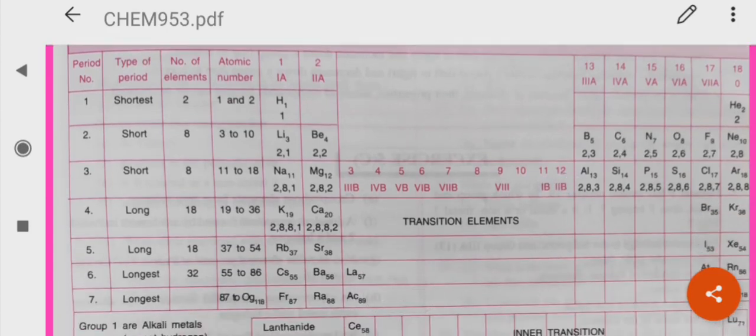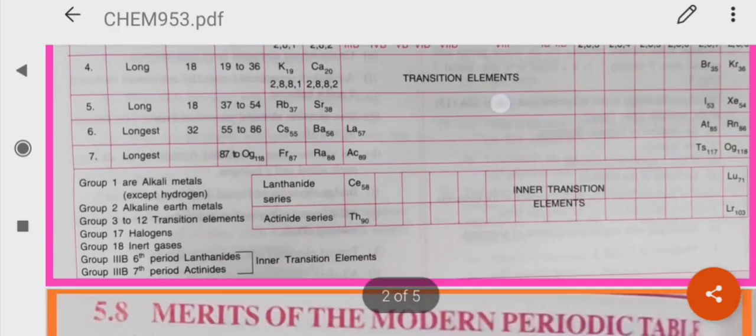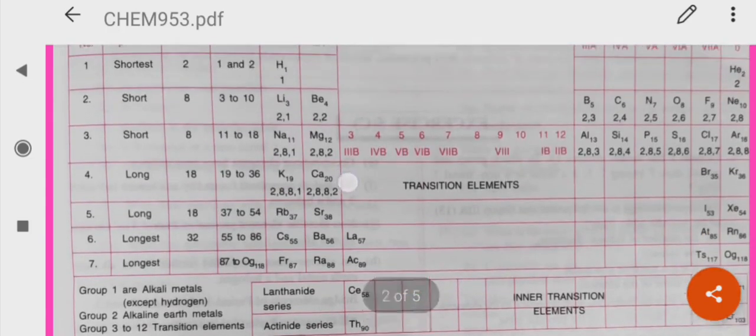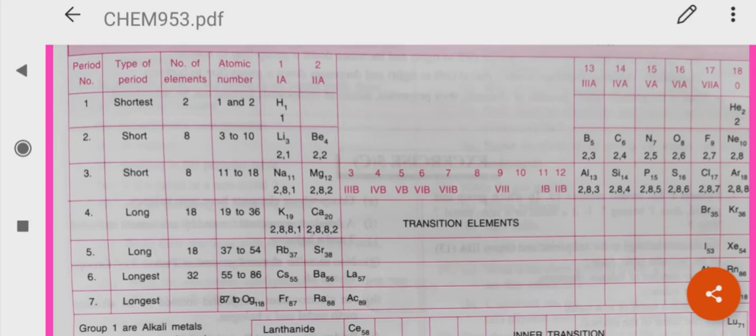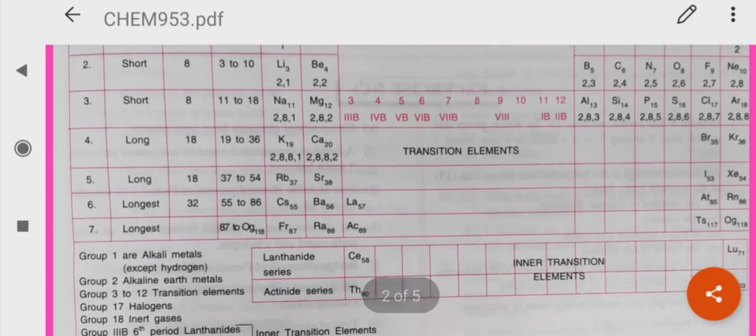So, you can see these horizontal rows known as periods, there are 7 periods, and the vertical columns which are known as groups, there are 18 groups. Group 1 are called alkali metals except hydrogen, since it is a non-metal.